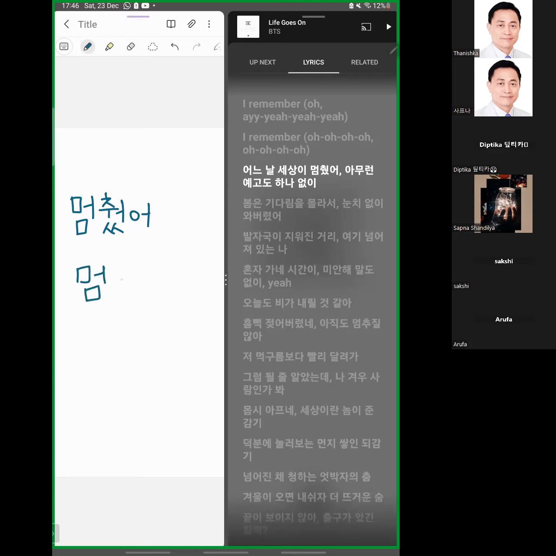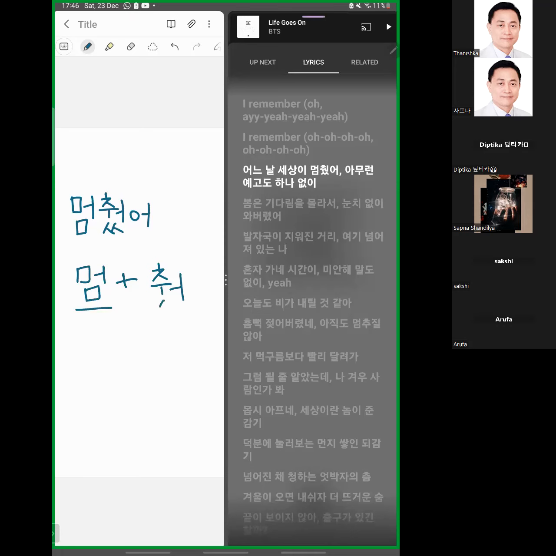How do you read the second part? The first one is moth and the second one is chuo. The second part is chuo. Very good.